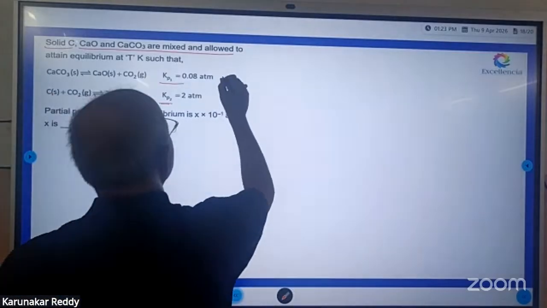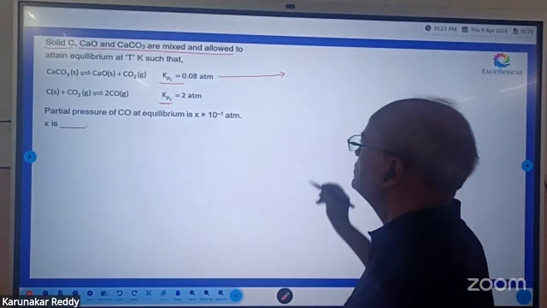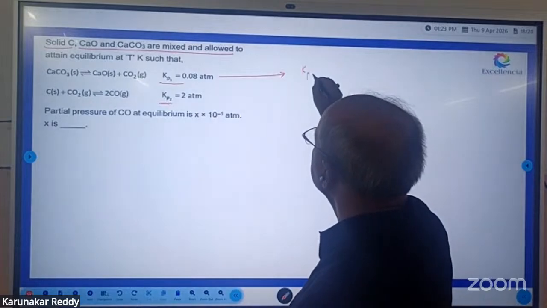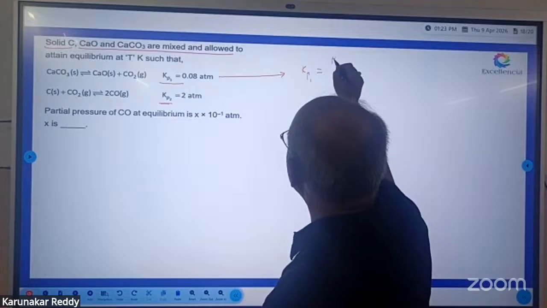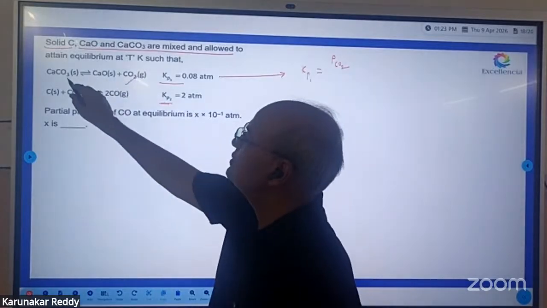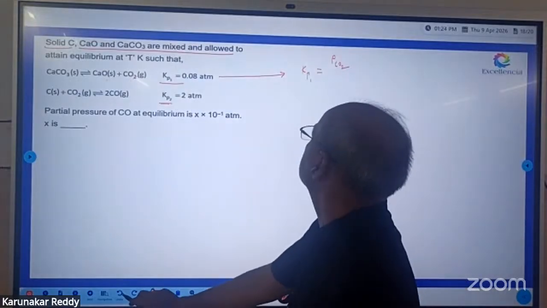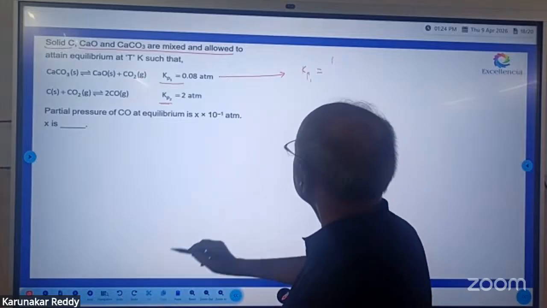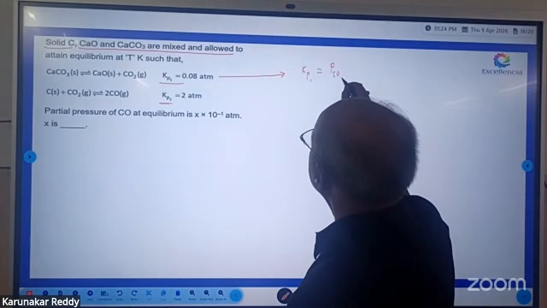So once we take this equation, Kp1 is equal to the product of partial pressures of the gaseous substance, means only one is there, CO2. The others are solids. So directly you can take it as like this. Here I'm taking partial pressure of carbon dioxide.